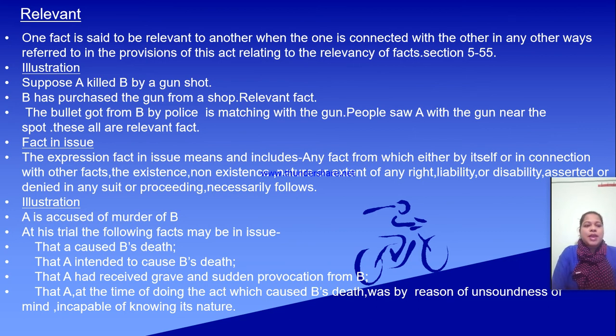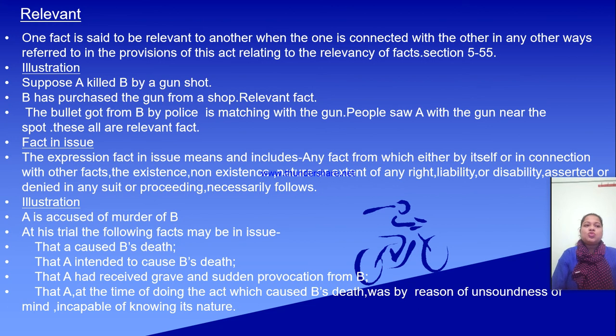Also, it may be a fact in issue that at the time A killed B, A was of unsound mind, so that he was incapable of knowing the nature of his acts, so he caused the death. So this is also a fact in issue.